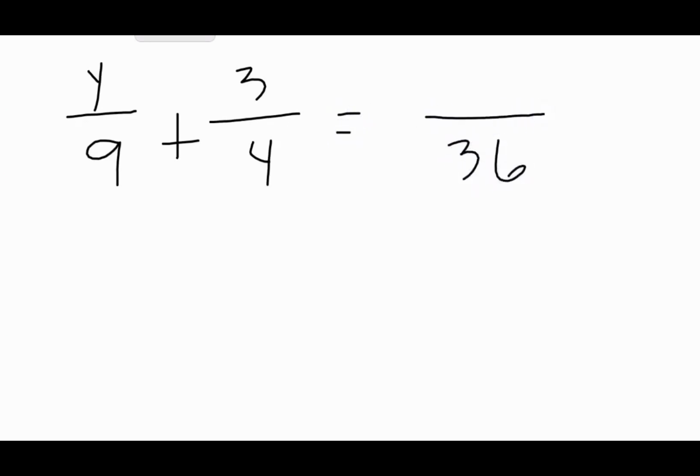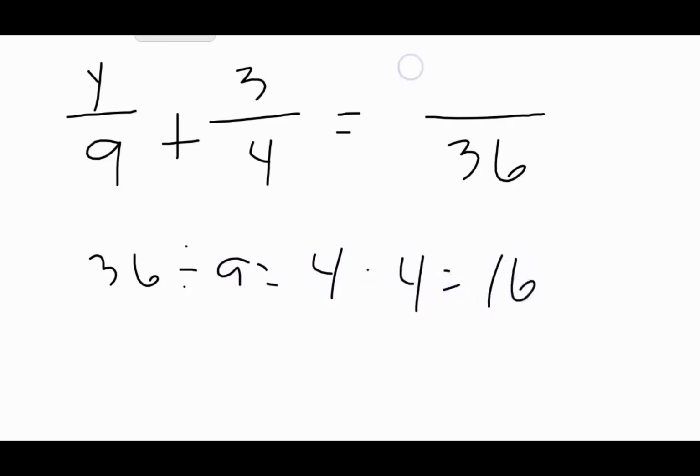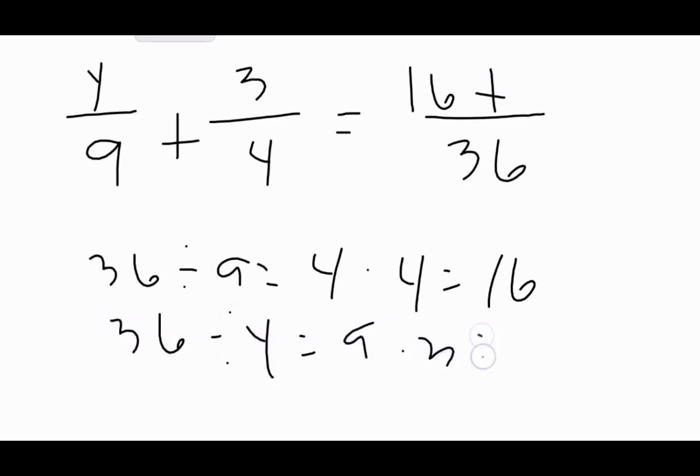The next step is that you divide 36 by the first denominator. That's 36 divided by 9 is 4, multiplied by the numerator 4, that's 16. And for the second one, 36 divided by 4 is 9, times 3 is 27.